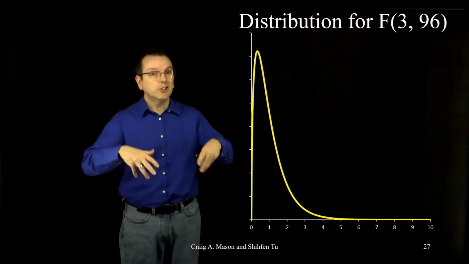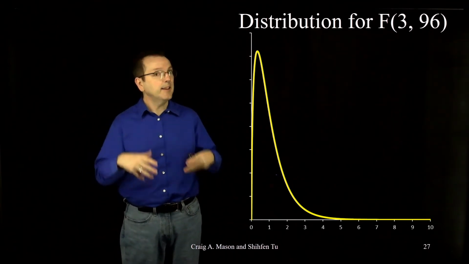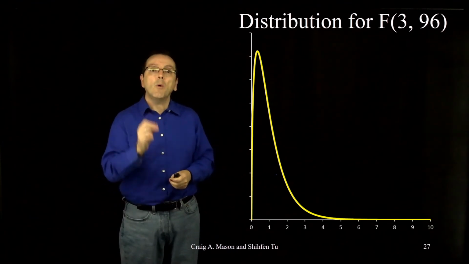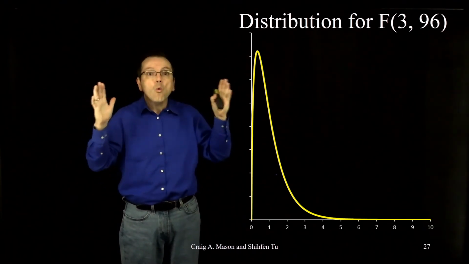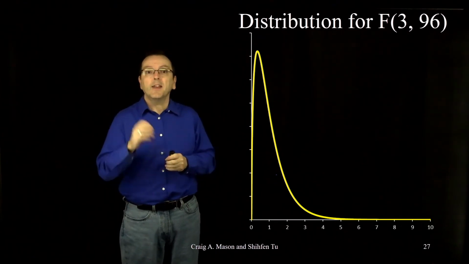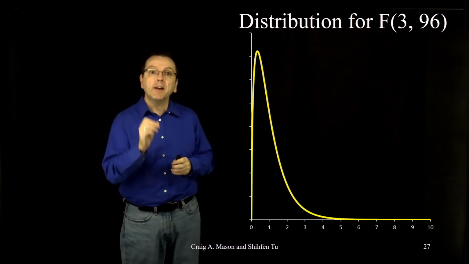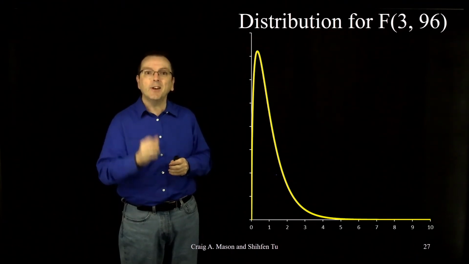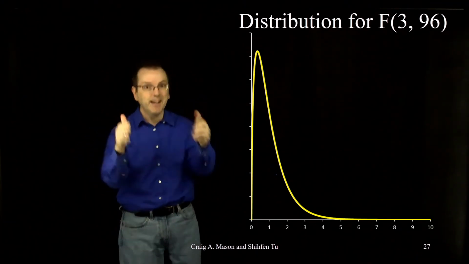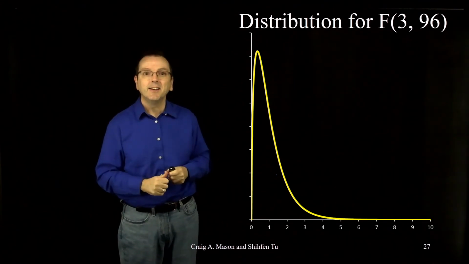So just like with the z-test and the t-test, the question now is whether the F is so large that it indicates the probability of the null being true is smaller than our alpha level, in which case we can reject the null.